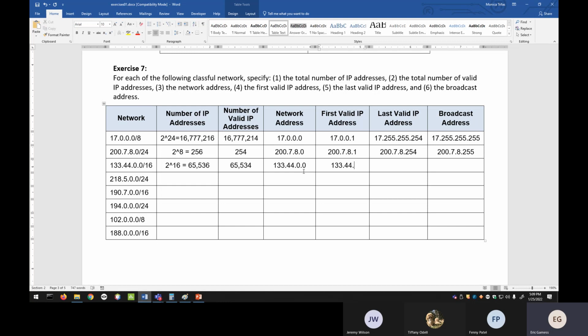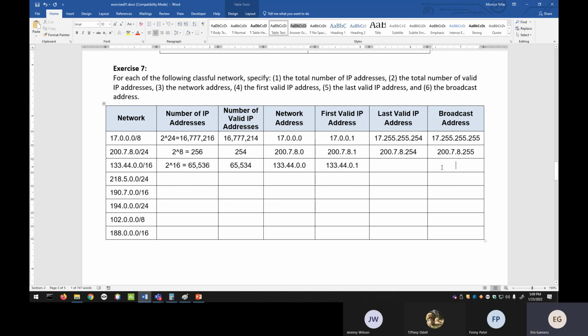So if you have 00000000 dot 00000001, in decimal that will be 0.1. Of course, it's one IP address after this one. One IP address after 133.44.0.0 is 133.44.0.1.